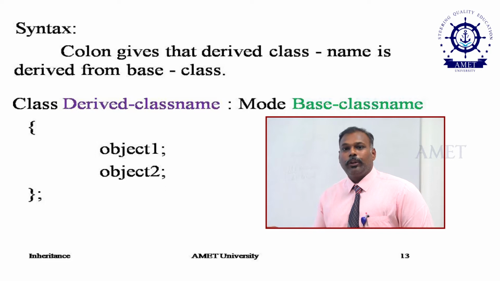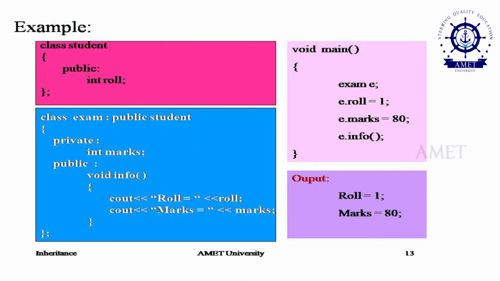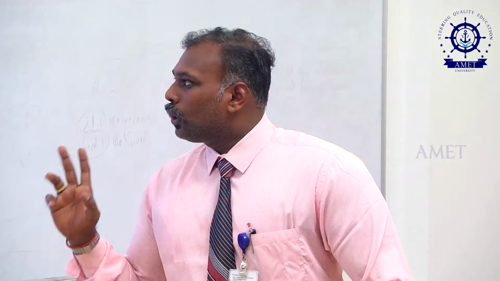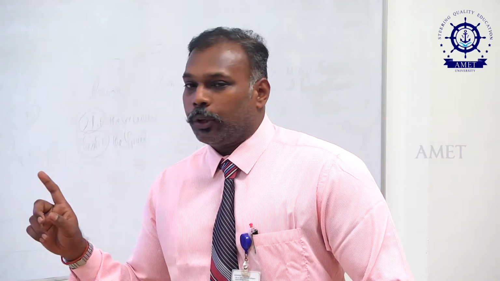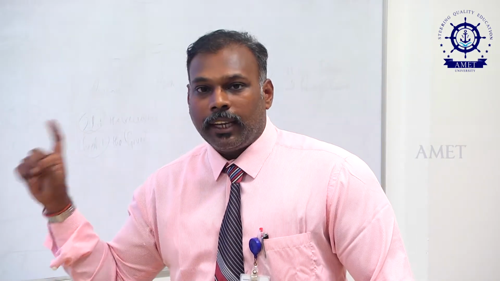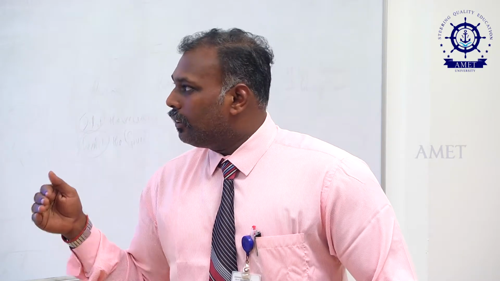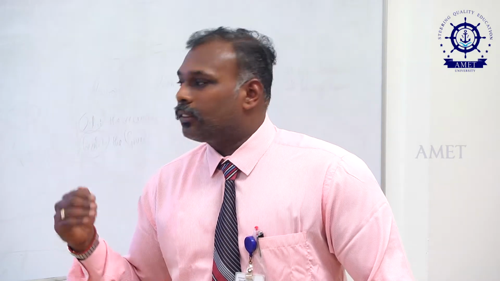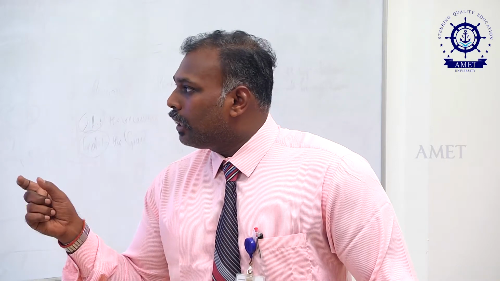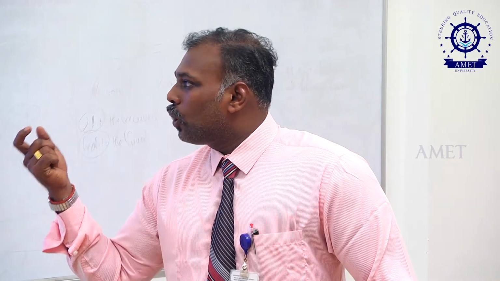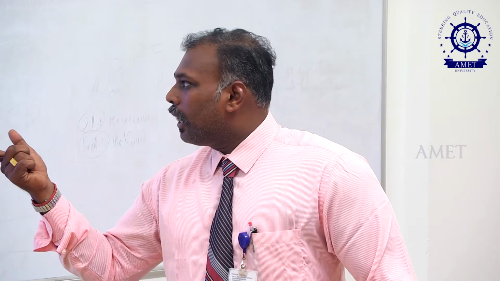Then we move on to the example. The base class we define here as class student, curly braces, public specifier, and then integer roll, closing the curly braces and putting the semicolon. Until this the base class is over, then the derived class portion starts. Class exam is the derived class name, then colon, then public, and then student.